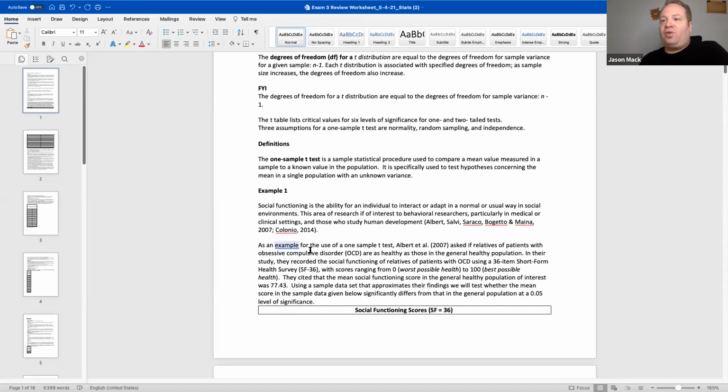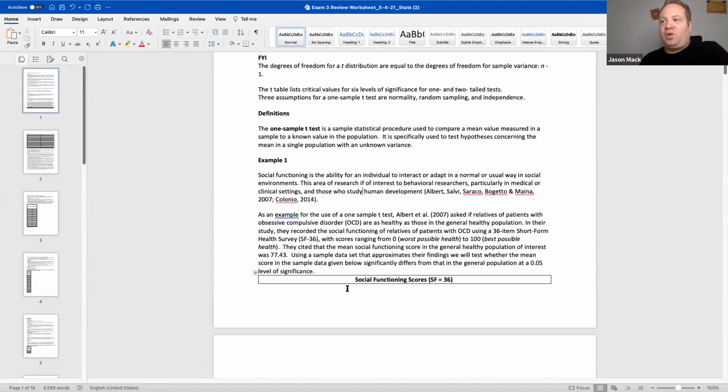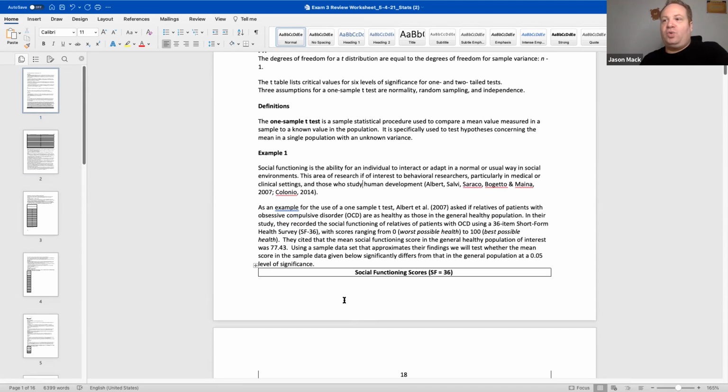As an example for the use of a 1-sample t-test, Albert et al. 2007 asked if relatives of patients with obsessive compulsive disorder, OCD, are as healthy as those in the general healthy population. In their study, they recorded the social functioning of the relatives of patients with OCD using a 36-item short-form health survey, SF-36, with scores ranging from 0, worst possible health, to 100, best possible health.